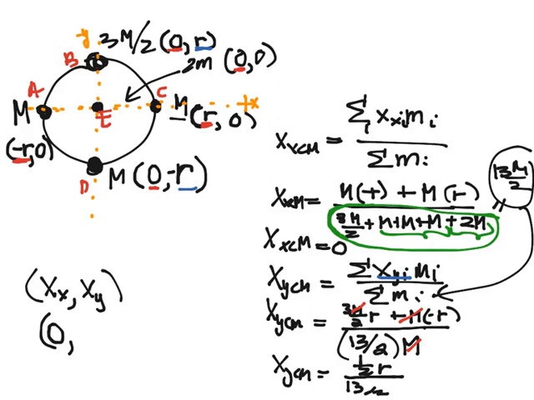These 2's will cancel out, and what I end up with is ycm is equal to r divided by 13. So the coordinates for the center of mass would be 0, comma, r over 13.